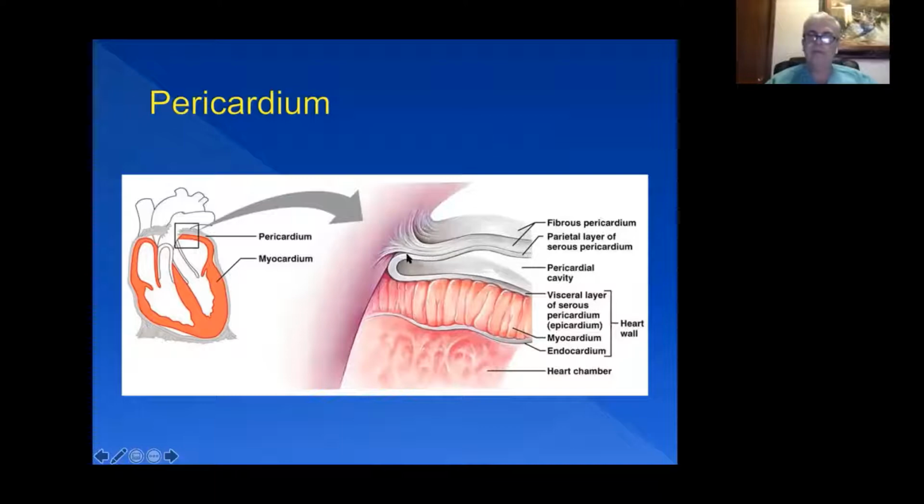The inside layer is a thin serous pericardium layer, which also adheres to the heart muscle. We call it the visceral layer or the epicardium in that area. In between these two layers, we create a space. We call it the pericardial cavity. In this space, there's a small amount of pericardial fluid that will allow the heart to beat and slide without difficulty. So this is a normal pericardium.